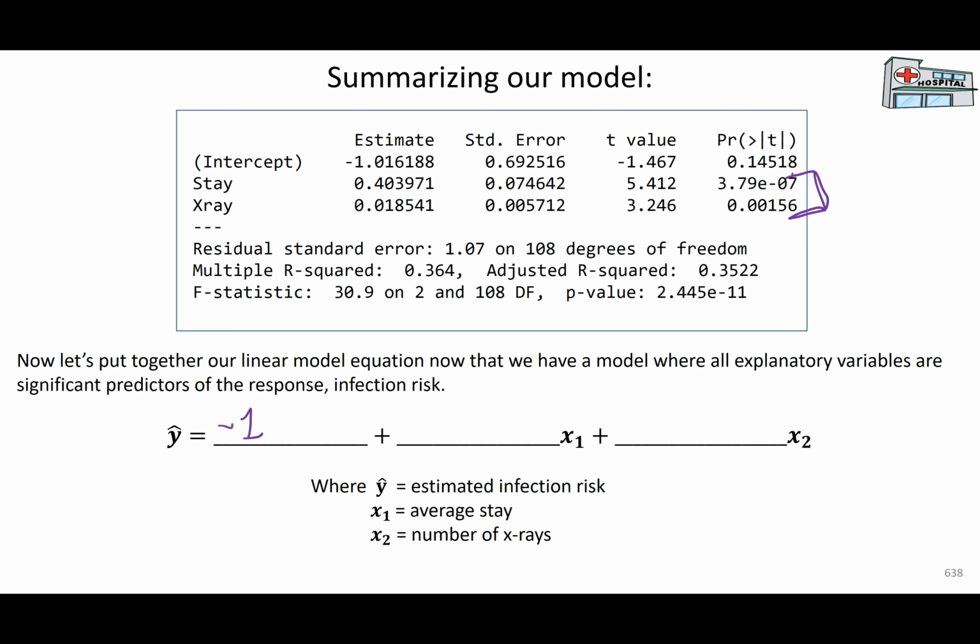So I'm just working my way down here. And it is incredibly important to have your labels. So this is going to be the equation for my final model here, where all the explanatory variables are significant predictors of the response, which is infection risk.